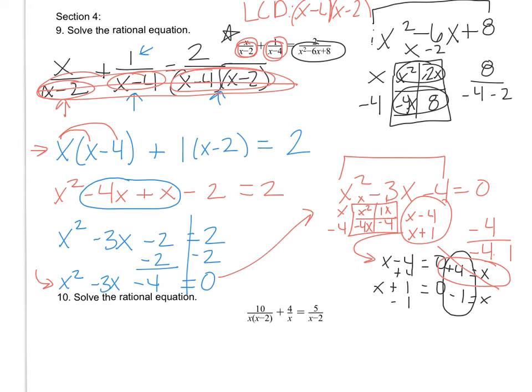So x cannot equal 4. The 1, though, 1 minus 2 is negative 1, and 1 minus 4 is negative 3. And we know that when we factor that last one out, it is also an x minus 4 and an x minus 2, and that the negative 1 worked with those. So this is our answer.